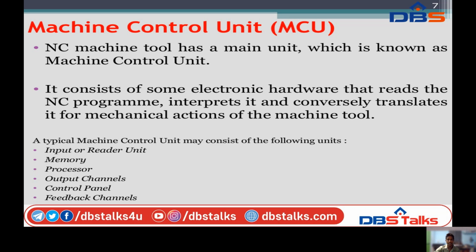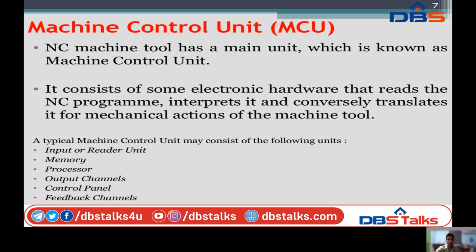Here we are giving NC codes to the machine control unit. Assume it is a computer; it is the CPU of the computer. Input means we are giving the data in the form of NC codes.